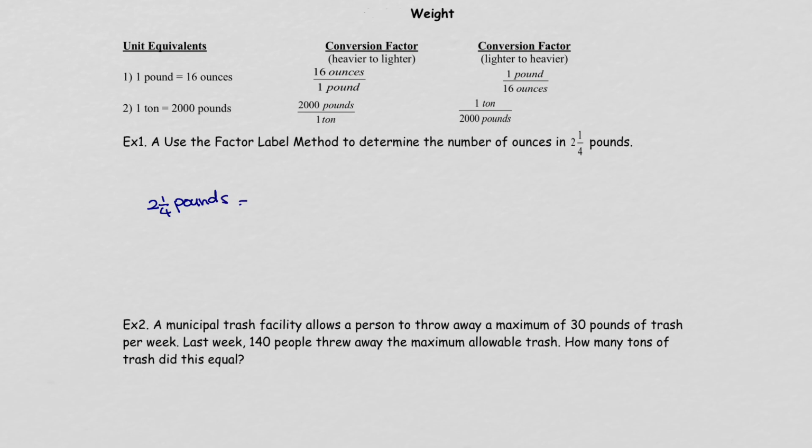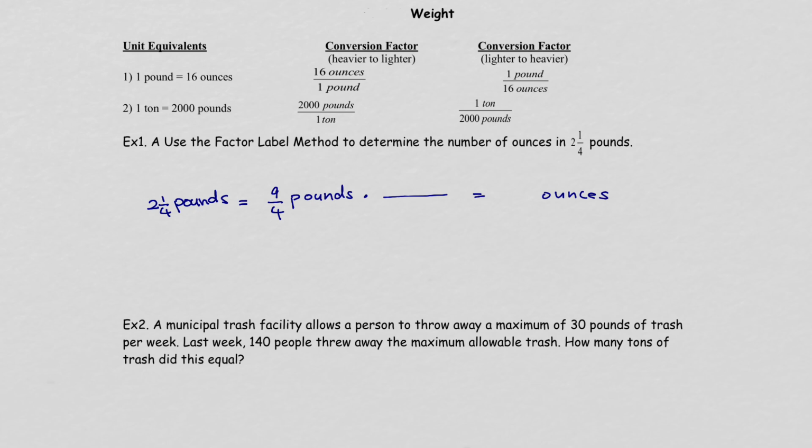So let's change that to an improper fraction. So it will be 2 times 4 is 8 plus 1 is 9 over 4. And 9 over 4 pounds, we wanted to change to ounce.